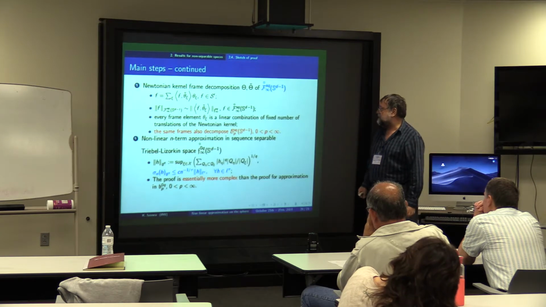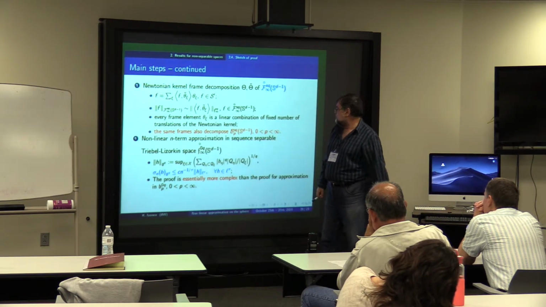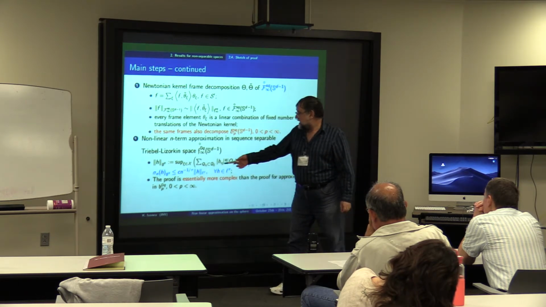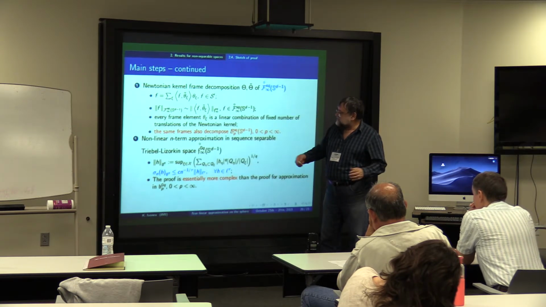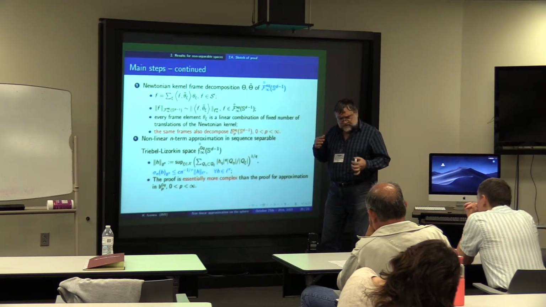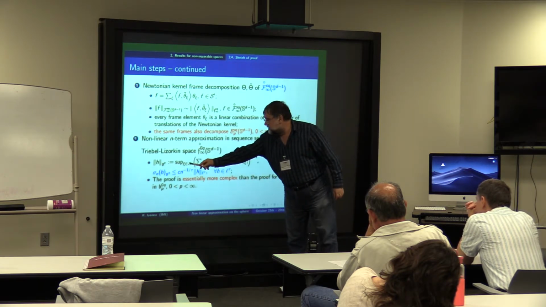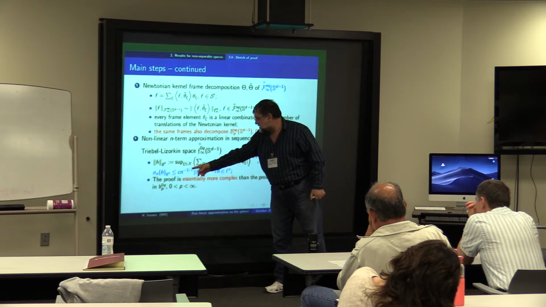Okay, next step. We're doing the n-term nonlinear approximation in the sequence space. I have written something which is a norm in the sequence space. Now, this is the nested multi-level structure. You take a point C, which is at the same time an index set index.